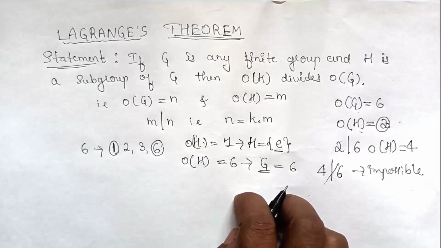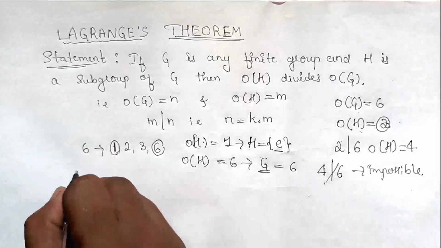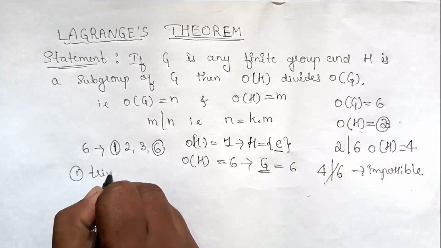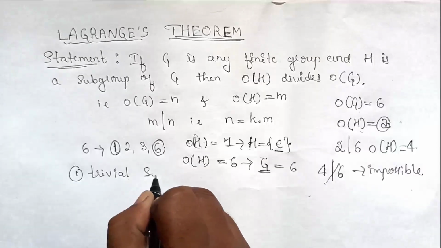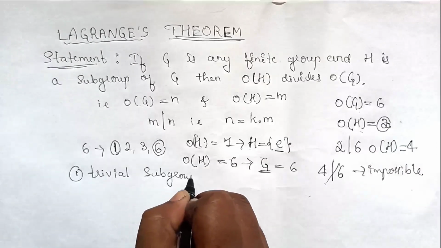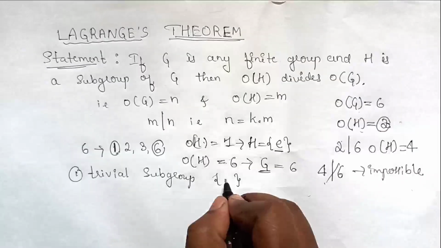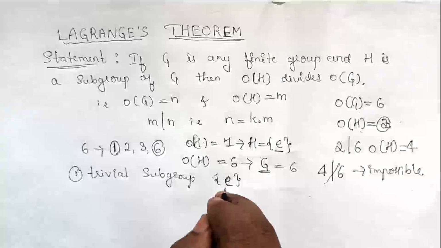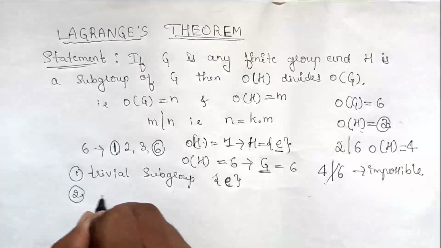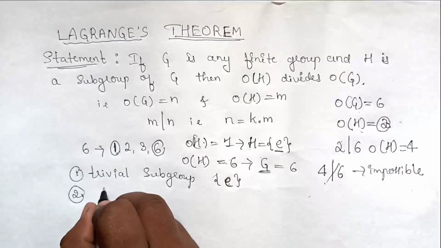We know that every group has at least 2 subgroups: one is the trivial subgroup, containing only the identity element, and the second one is the group G itself.